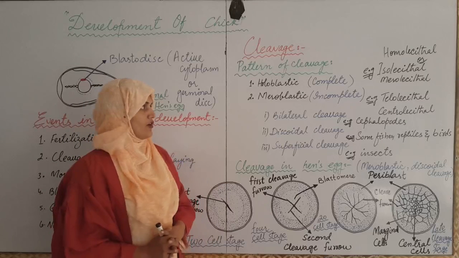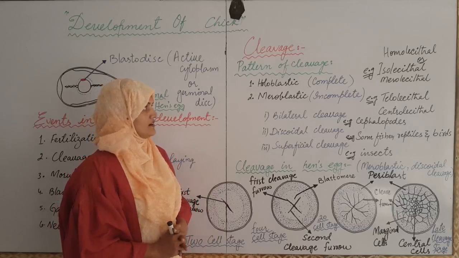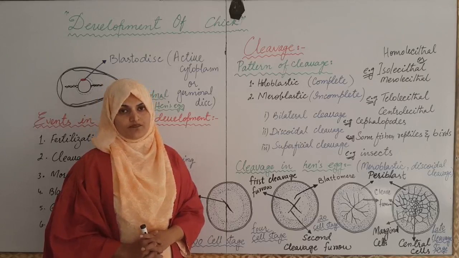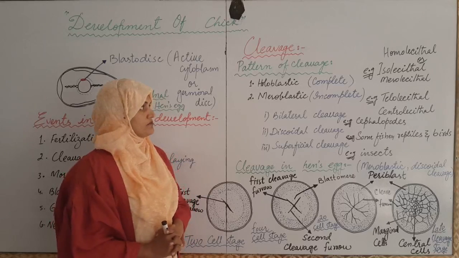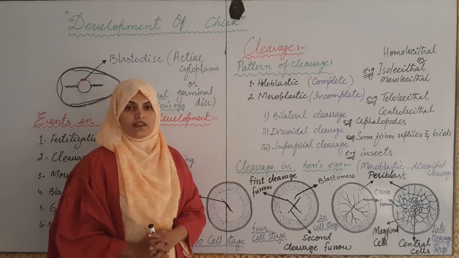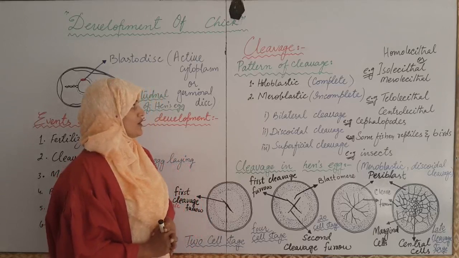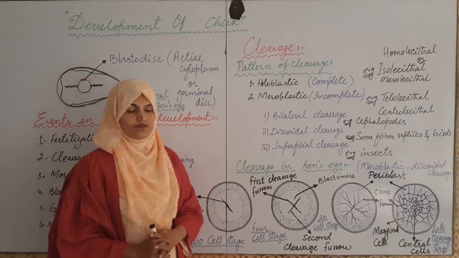The examples of holoblastic cleavage are isolecithal, which is also termed as homolecithal, and mesolecithal. These two types of eggs are considered the example of holoblastic cleavage.